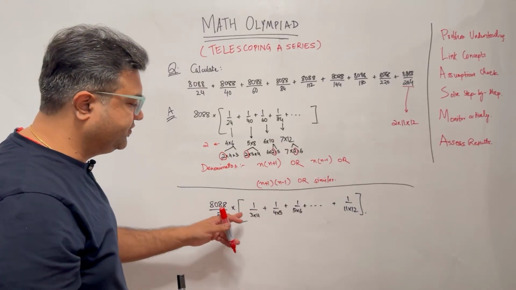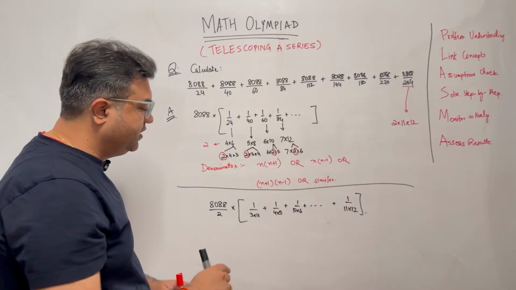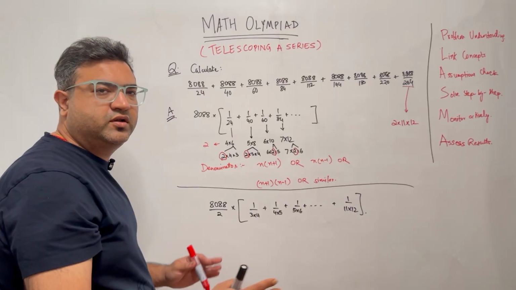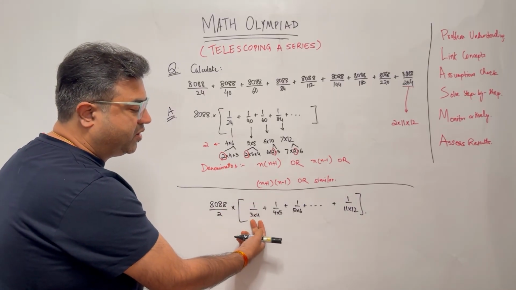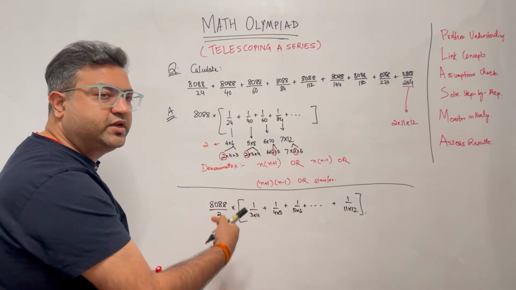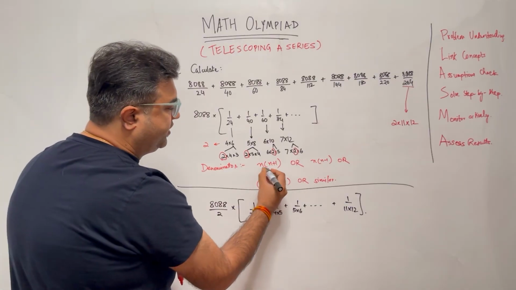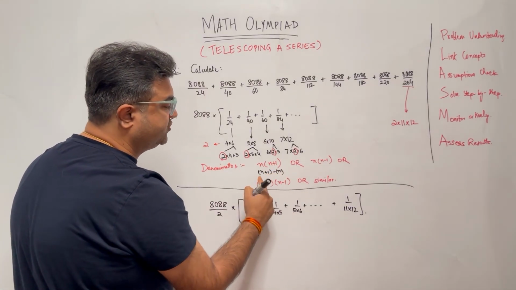Then what is our next step? We see that the numerator is all 1. If the difference is 1 and the numerator is also 1, we use the denominator to get 1 in the numerator. We generally do that with n plus 1 minus n. So this will give us 1.